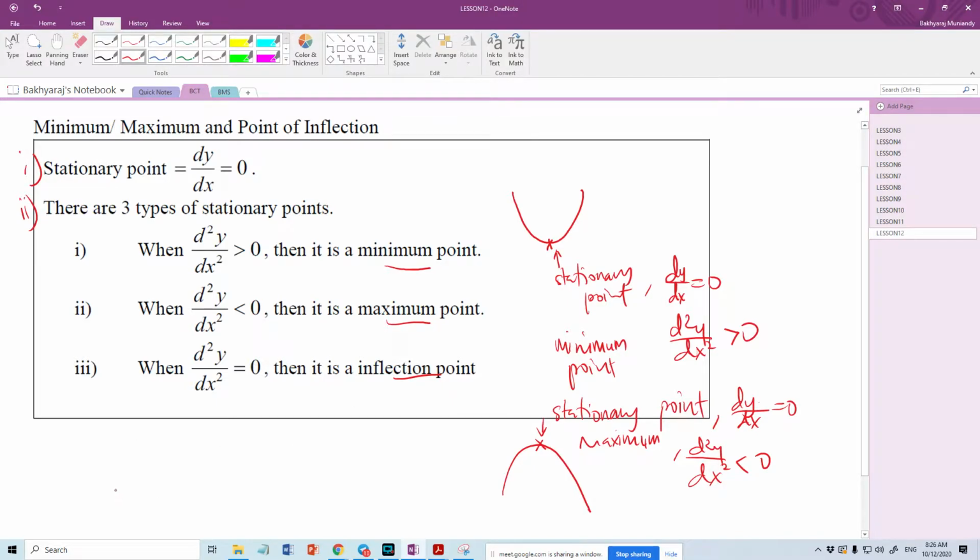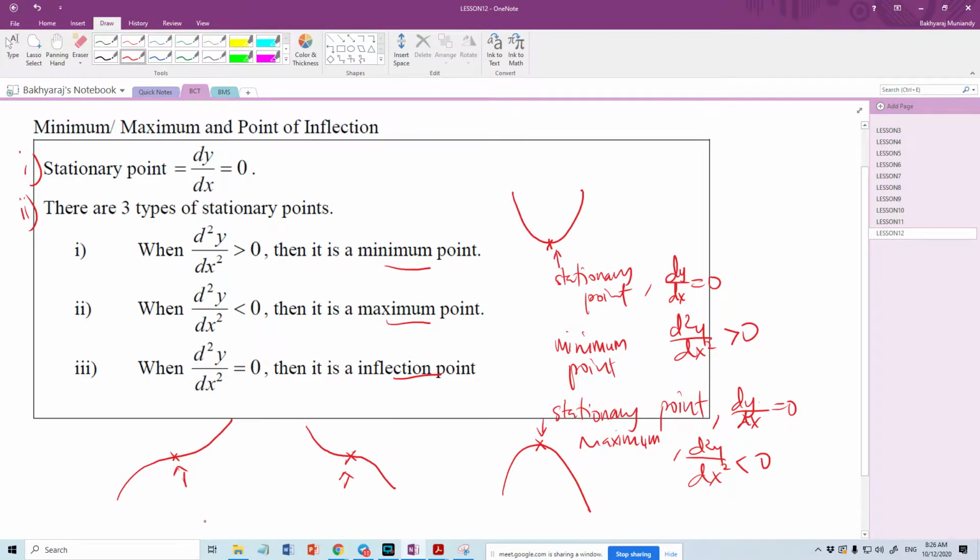Okay, there's a point which we call an inflection point. Inflection point will look like this. Curve dia macam ni. Point dia ada duduk kat tengah-tengah. Okay, tengok direction of the curve is changing. So this is an example of an inflection point.